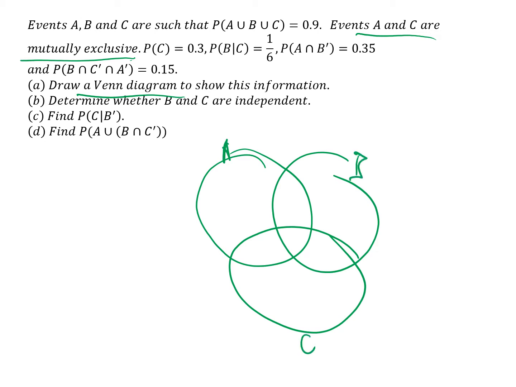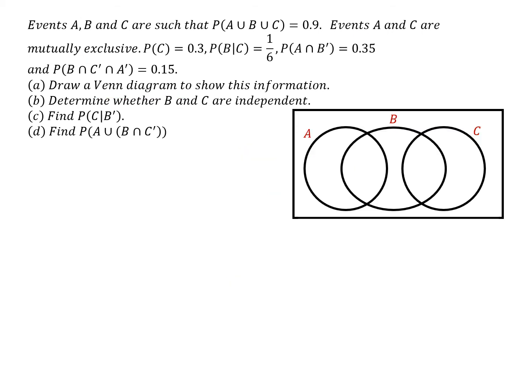But we're told that A and C are mutually exclusive, so there should be no overlap between A and C. So we can make our Venn diagram a little bit clearer by doing that. We make sure that there's no overlap between A and C, but there is an overlap between A and B and an overlap between B and C.